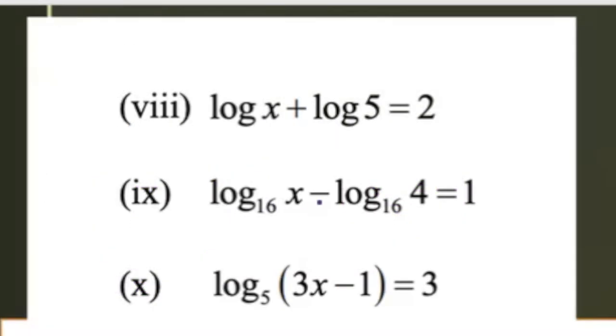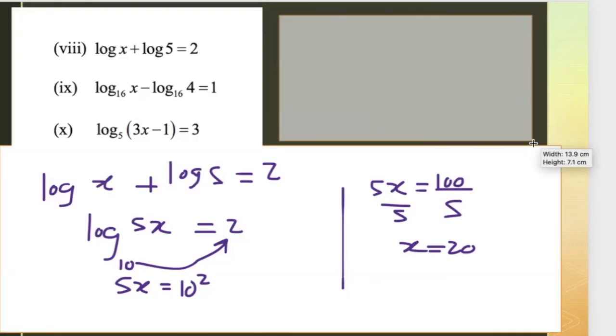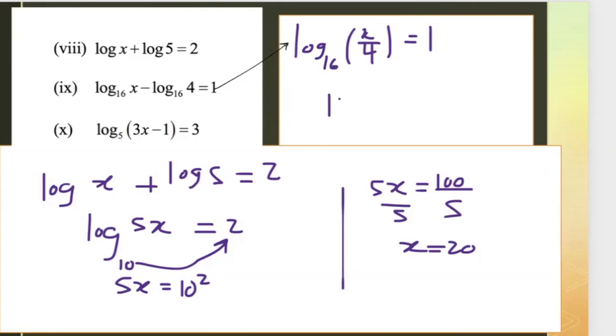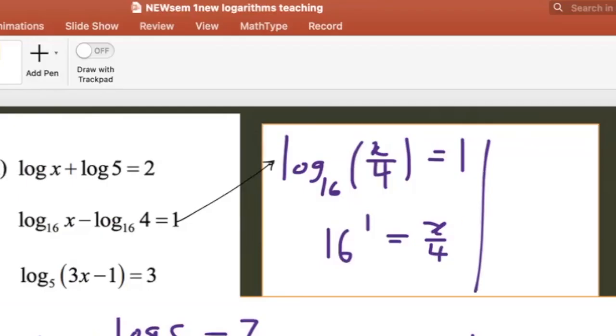Well, this question has subtraction. So we would write the log as one, and because it's subtraction, it's going to be division. So you'd have x over 4 equals 1. And then exponential form, 16 is the base, 1 becomes a power, equals x over 4. 16 to the 1 is 16.